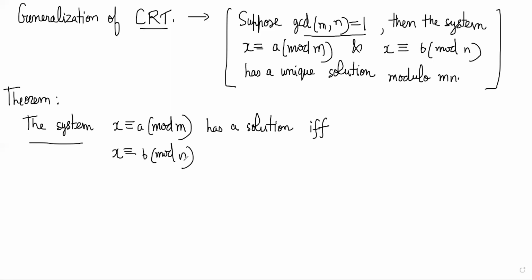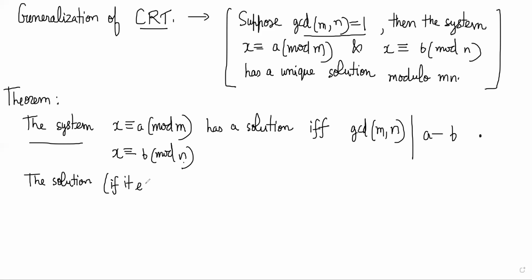M and N can be anything, they don't have to be coprime. That is one statement. And the second part of the statement is that the solution, if it exists, is unique modulo LCM.